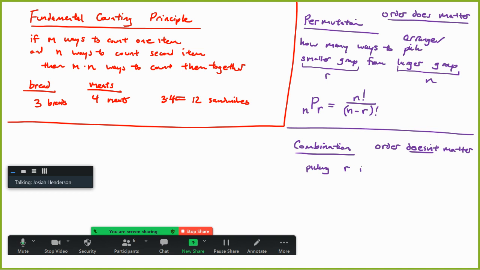So picking R items from N. Smaller group R from the larger group N. The formula.